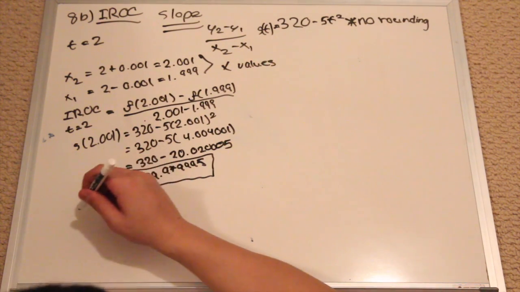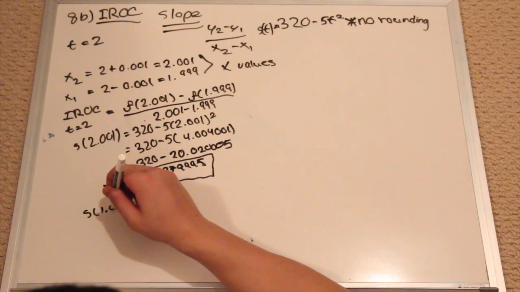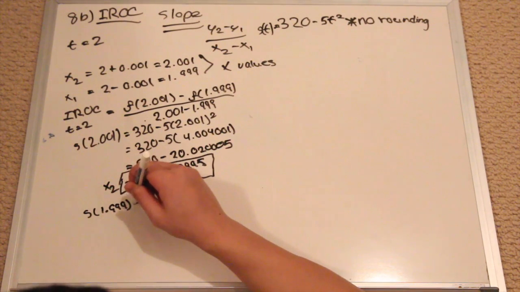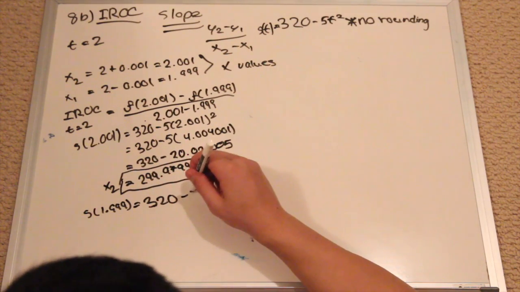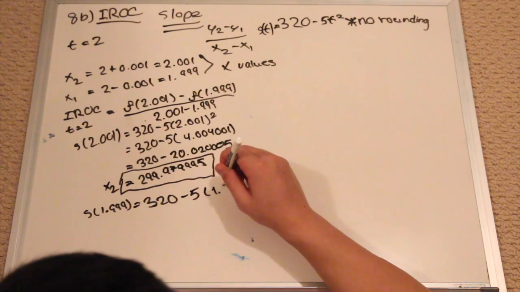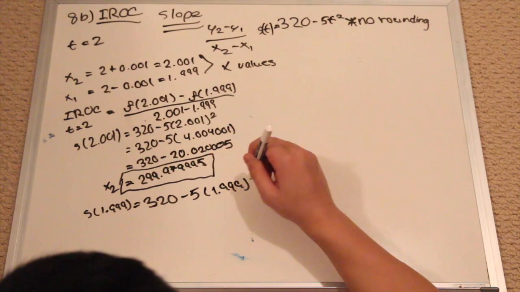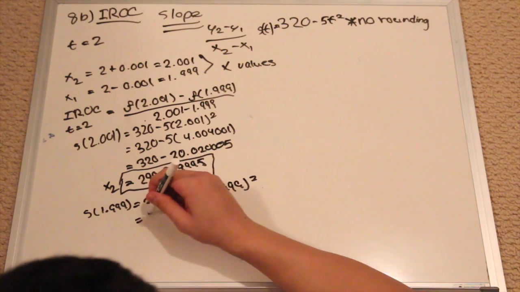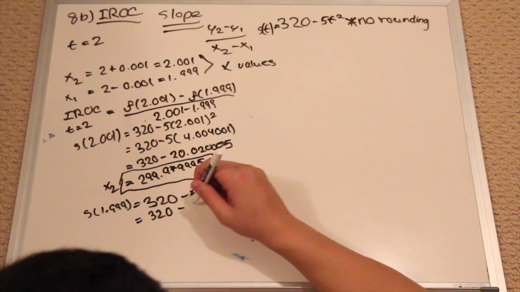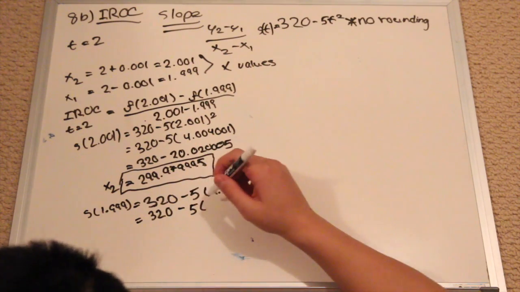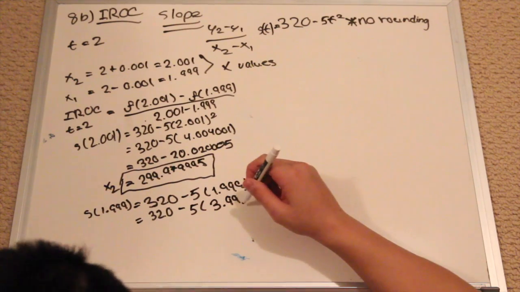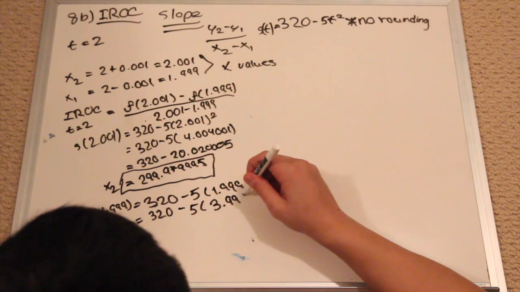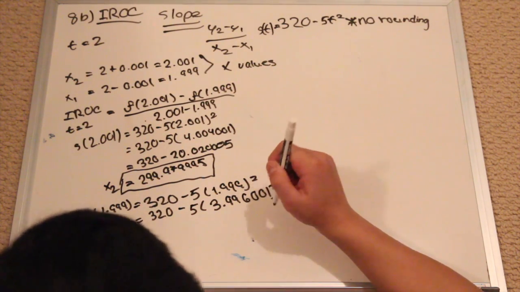Now the second value is going to be s of 1.999, which is 320. We're doing the exact same thing as above, minus 5 times 1.999 squared. So it's equal to 320 minus 5 times 3.99601.